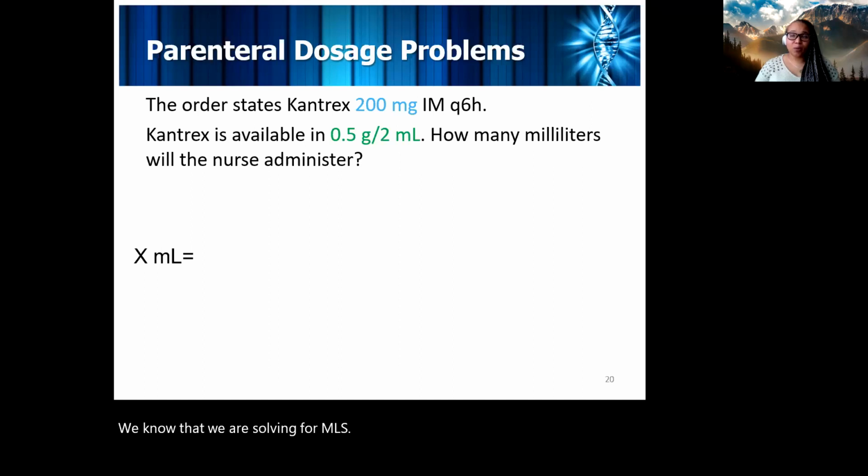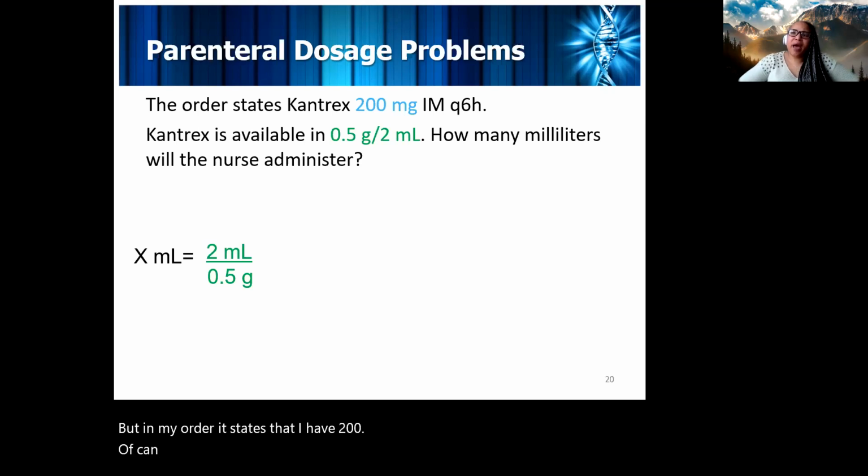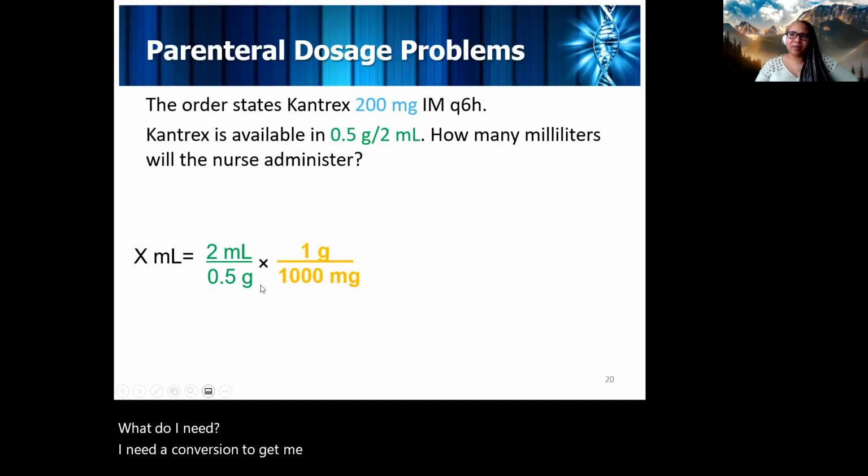What is available? We have 2 milliliters and 0.5 grams. But in my order, it states that I have 200 micrograms of Cantrex. So how am I going to get to milliliters? What do I need? I need a conversion to get me over to my milliliters.